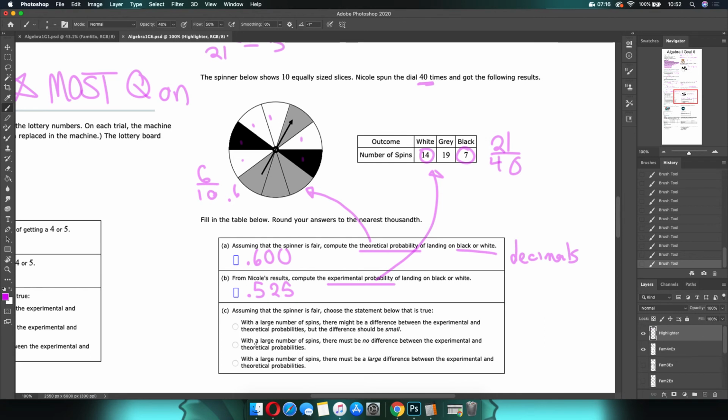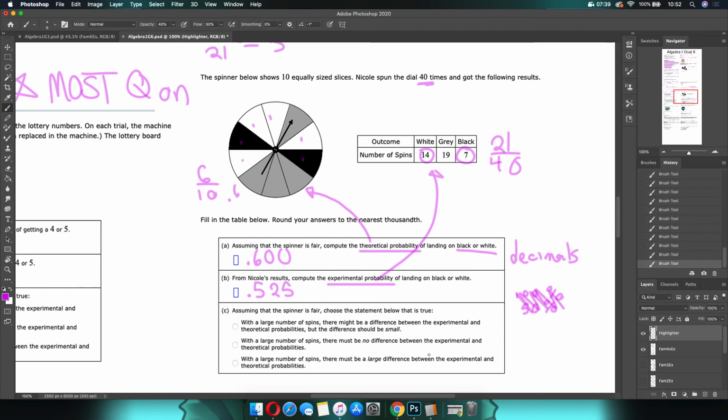What you are looking at here, if you think about this, if you're spinning the spinner over and over and over and over again, if you spin it only once and you land on, say, a white, then you have a 100% chance of getting white. If you spin it 2 times, then it becomes 50% of landing on white. And your percentages get smaller and smaller the more and more spins you have.